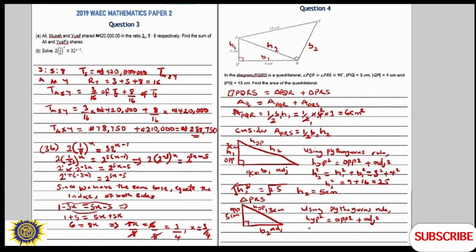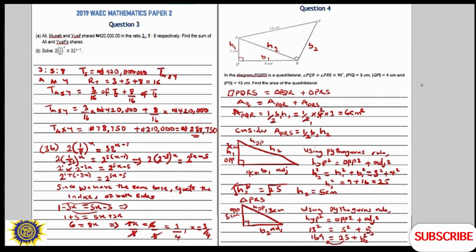So what's the hypotenuse square here? 13 square equal to the opposite here, which is 5, plus B2 square. So we have 169 here equal to 25 plus B2 square.